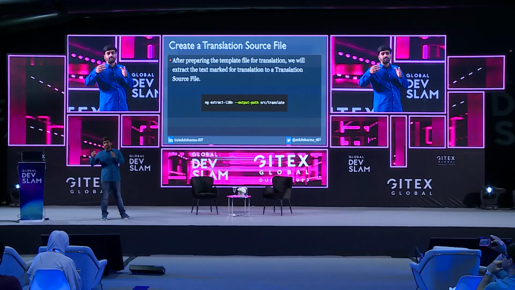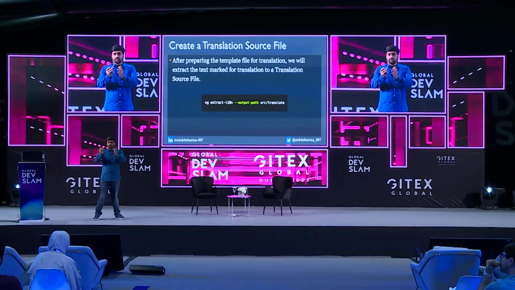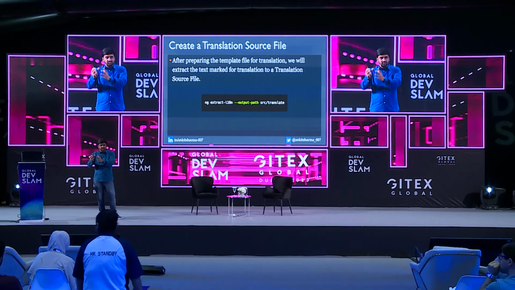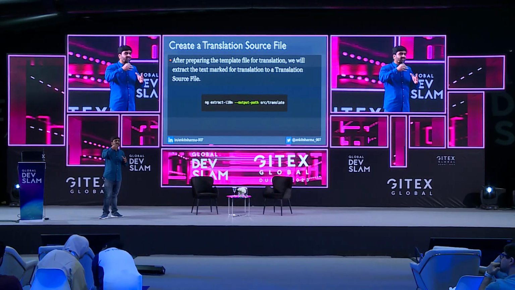Once we have added all the relevant i18n tags and marked all the text for translation, we have to extract all of it into a translation source file. This is required so that we can get all the translatable content in one file and share it with a language expert.